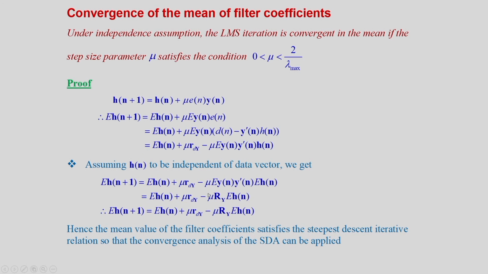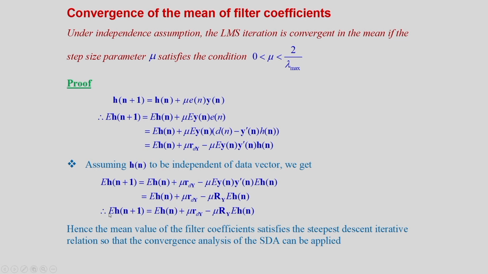And E of Yn transpose is the Ry matrix. Therefore, this will be E of Hn plus mu into R dy minus mu times Ry into E of Hn.